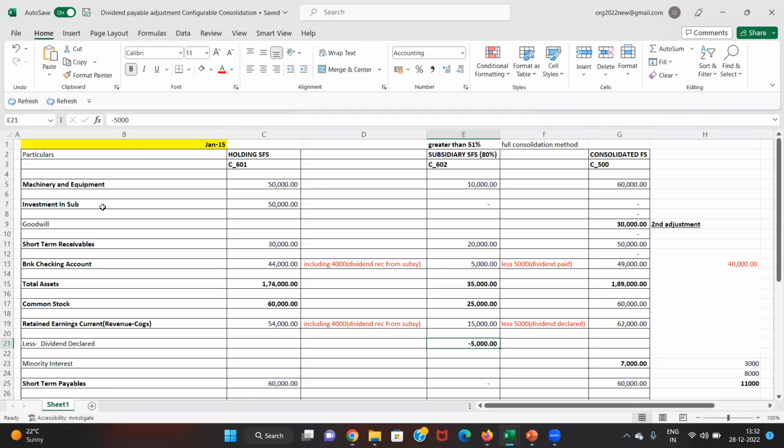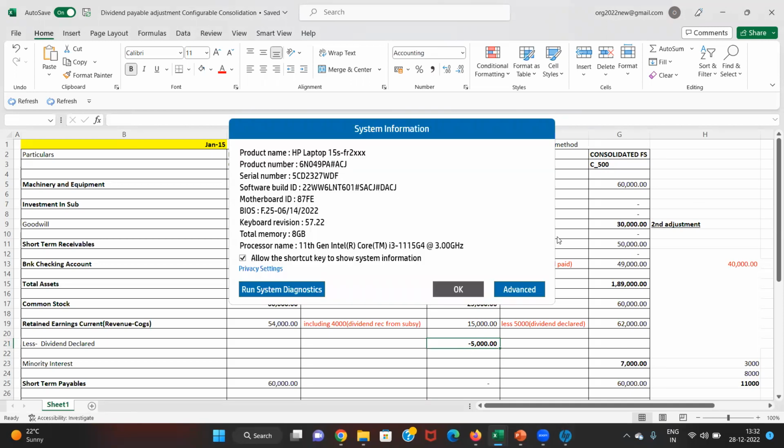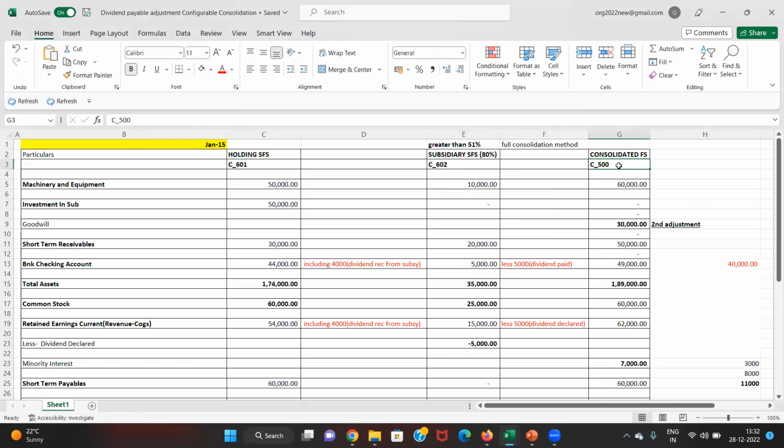That is our subsidiary. So we'll check whether the 5,000 is getting eliminated or not under the C602 entity while we are rolling up the data, not while consolidating. Under consolidation, we'll see a different result for C600, but we'll try to see the individual data first, and then we'll see the result of consolidation.